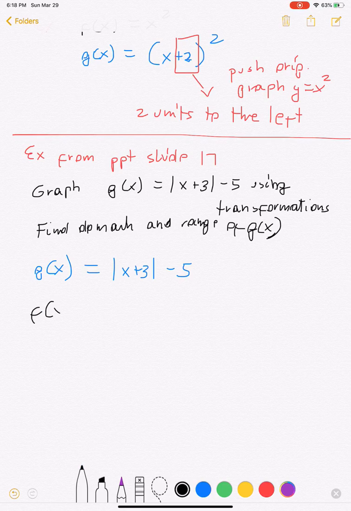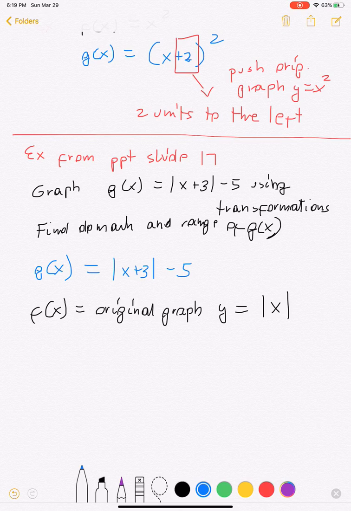F of x, original graph, will look as y equal absolute value of x, which we should know how that graph looks like. This is just letter v. So we need to describe the transformation. Let's describe transformations.